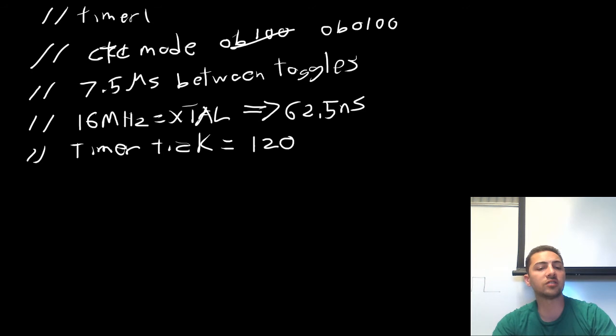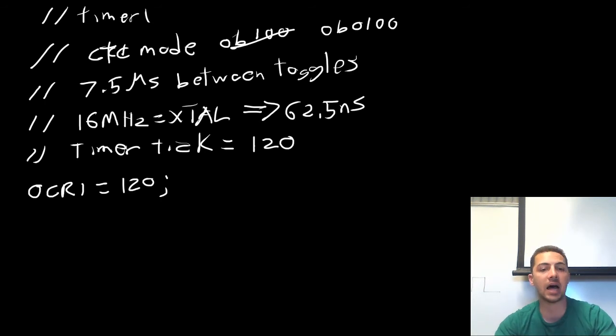So to start this off, we basically did a setup. We had to set up OCR1 equal to 120. Yes, this is C. I'm not dealing with high and low registers. We had to set up TCCR1B with our clock source and the upper 2 bits of our waveform generation bits.